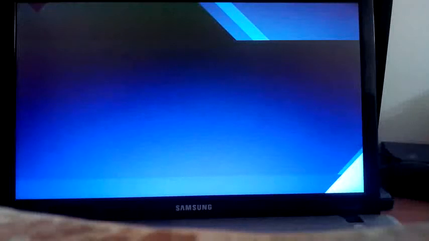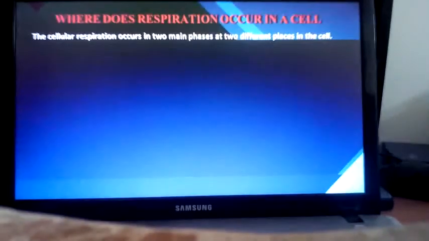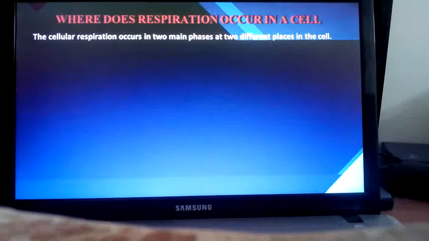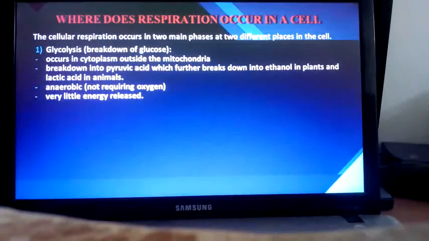Now moving on to where does the respiration occur in a cell. Got it? Cellular respiration occurs in two main phases at two different places in the cell. One is glycolysis, which occurs in the cytoplasm, outside the mitochondria.